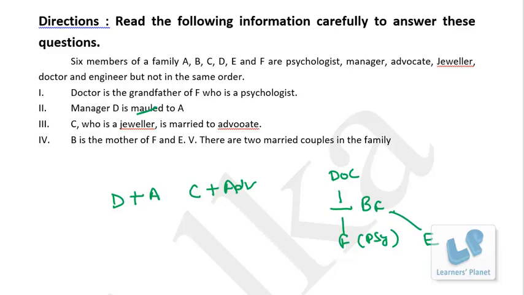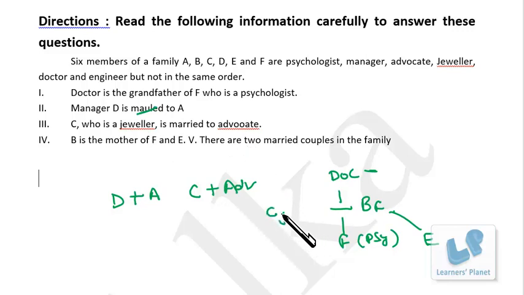There are two married couples in the family. So one should be over here and one should be over here. Now in case of C, it's a combination of jeweler and advocate. So we cannot have C over here because it's doctor and something else. So we can have the combination of C and B, that is jeweler and advocate.